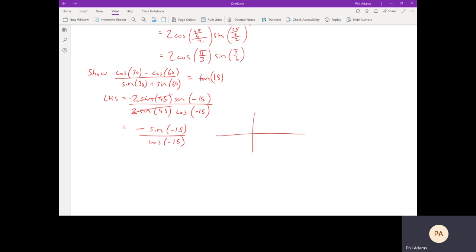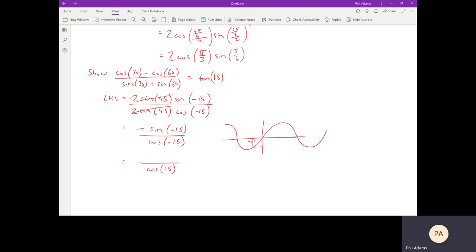First of all, if I just look at cosine, remember cosine reflects in the y-axis. So cosine of negative 15 is actually the same as cosine of 15. If we do sine of negative 15, it goes like that, down like that.